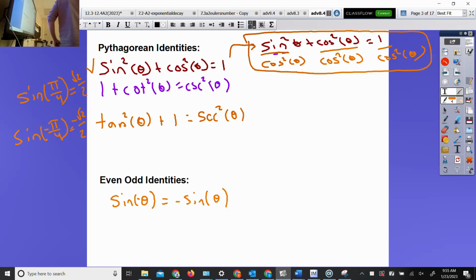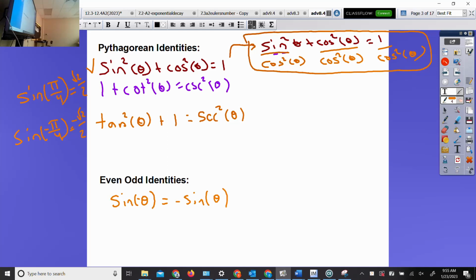If you know the sine of a positive angle, you also know the sine of a negative angle, as long as you make it negative. Because you see what happened? We went from positive to negative. So the sine of a negative angle, you can just move the negative symbol in front. You don't have to concern yourself with negative angles. Just make it positive, move the negative symbol out front.